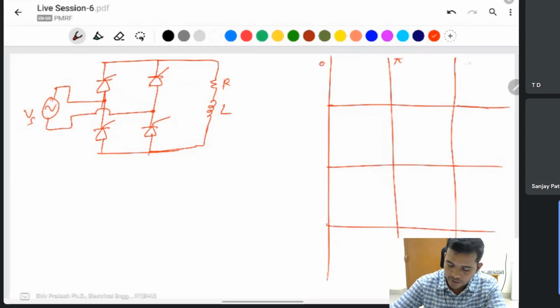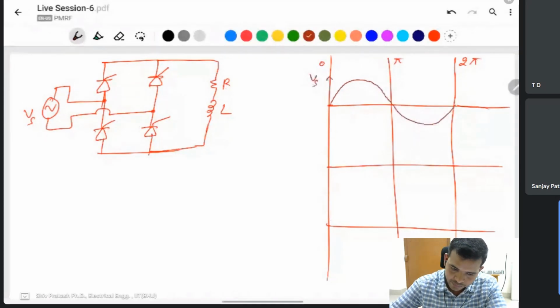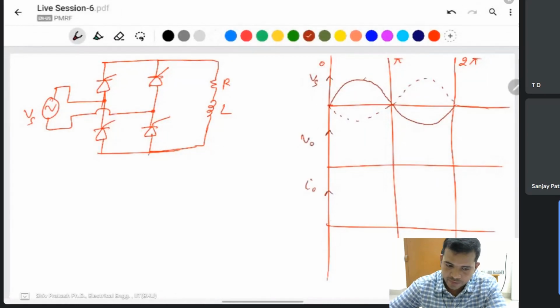Here 0, pi, 2 pi; this is Vs, the supply voltage, this is minus Vs. I will draw this also: plus Vs, minus Vs. The output voltage and output current.